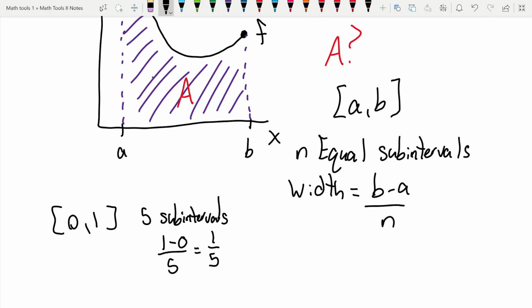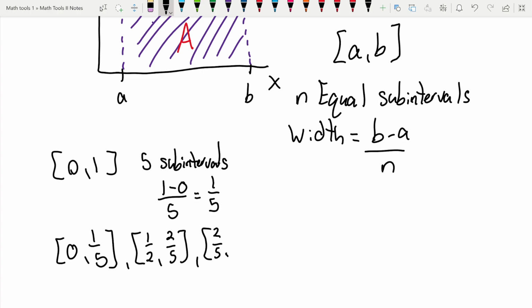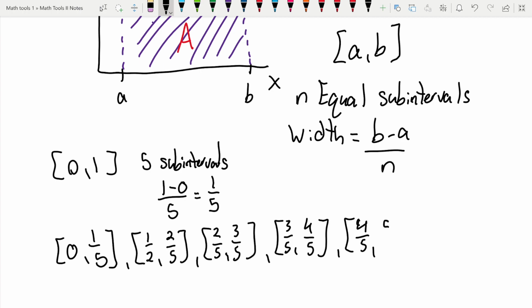Then the actual subintervals themselves would be 0 to 1/5, 1/5 to 2/5, 2/5 to 3/5, 3/5 to 4/5, and 4/5 to 5/5, or just 1. So this is the idea of what we mean.